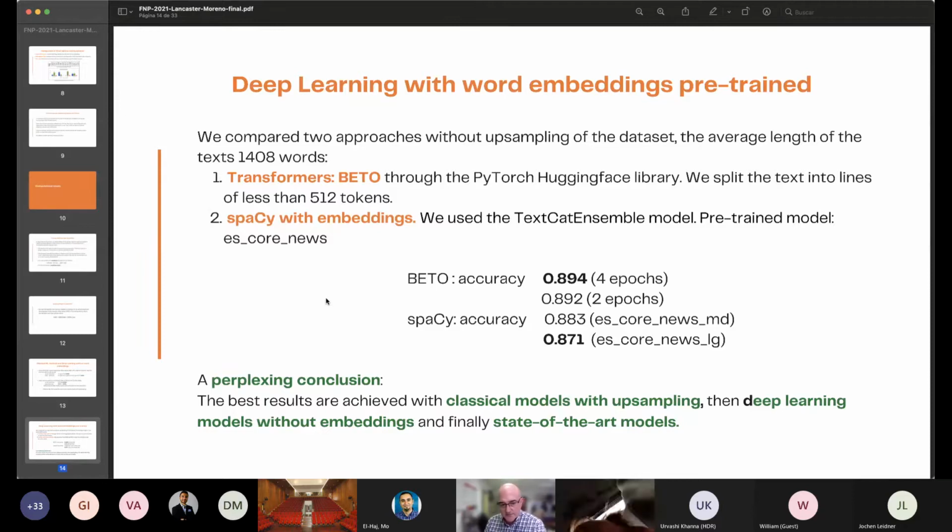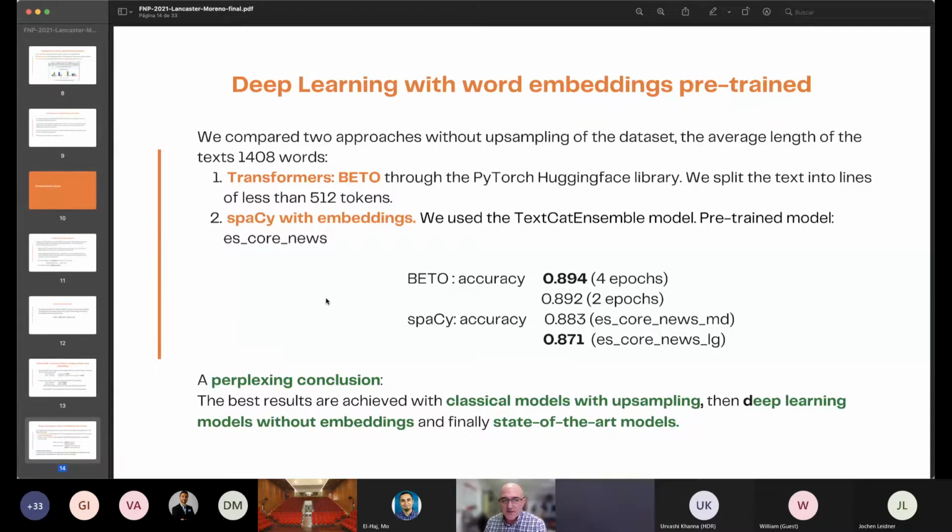Then deep learning without embeddings, and finally a state-of-the-art model, but without the tricky upsampling. So these experiments were, as I said, perplexing for us, and we explain other things we are implementing recently in our lab.